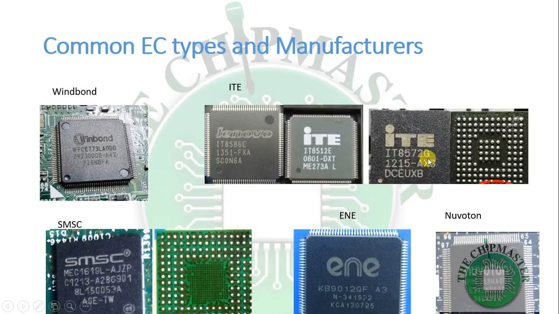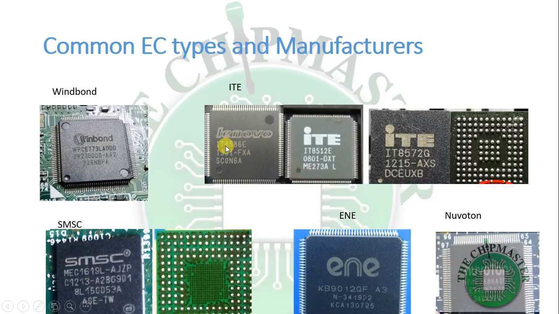Normally when it ends with a G, that means it's a BJ package. Most of the ITE series ECs ending with G are most times a BJ package. These are QFN, these are TSOP packages, and these have leads protruding outwards, and these are BGA. These are common types of EC.